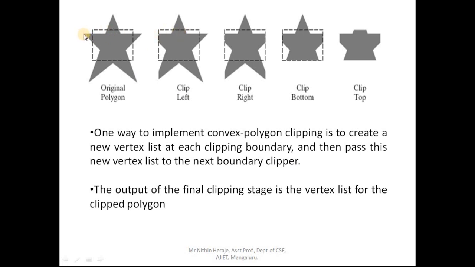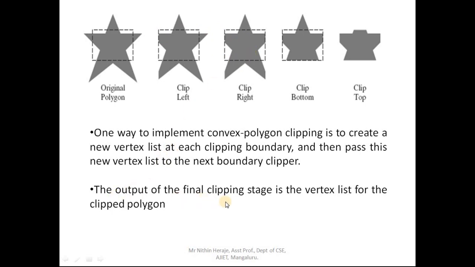Here it was only one vertex. Now after clipping you will get two vertices, one over here and the next one at this point. So this will be a two-vertex list which needs to be passed to the next clipping level.